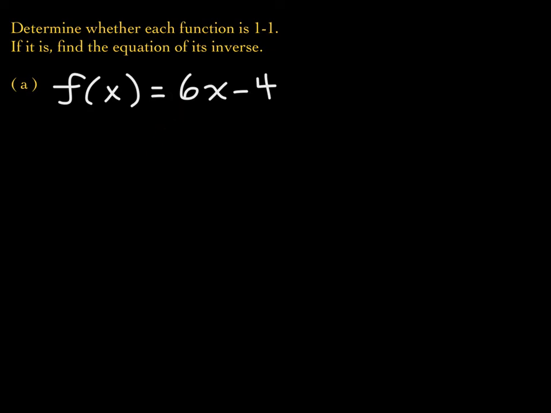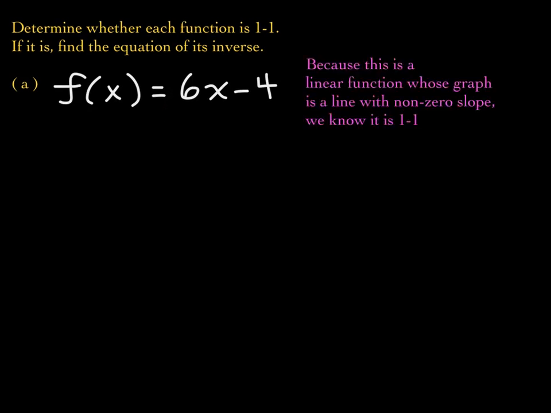As long as the slope is not 0, it'll be a diagonal line. So because this is a linear function with non-zero slope, it's one-to-one. So make sure you have this in your notes. Because this is a linear function whose graph is a line with non-zero slope, that's important, we know it is one-to-one.